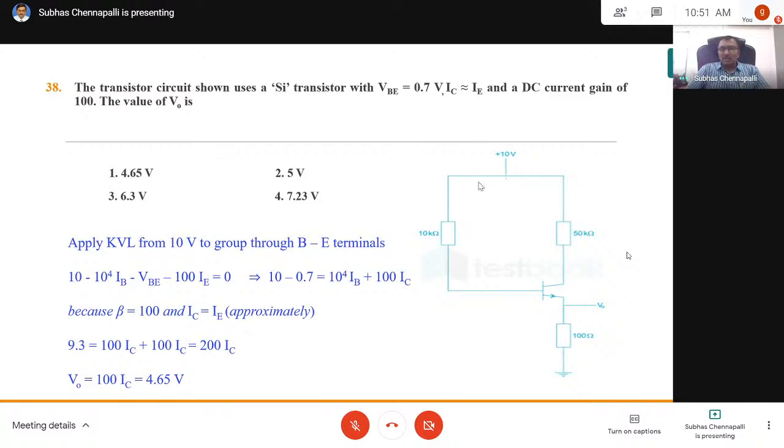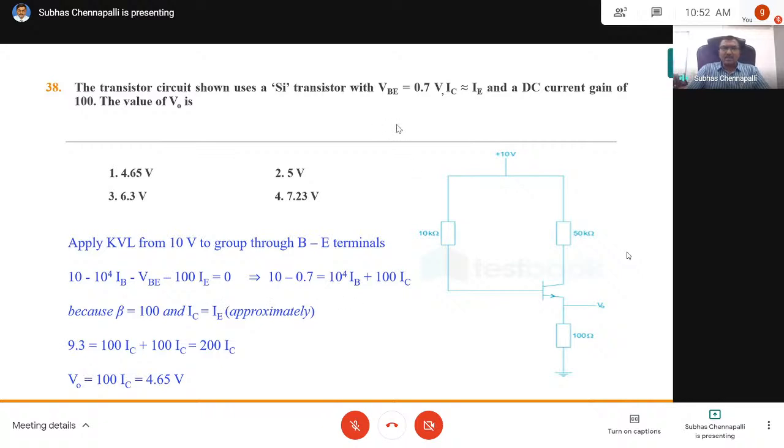So 10 volts minus 10 to the power 4 IB minus VBE minus 100 ohms IE.